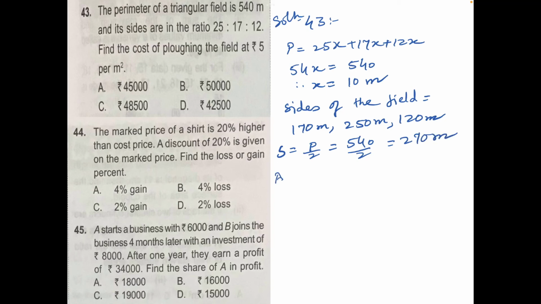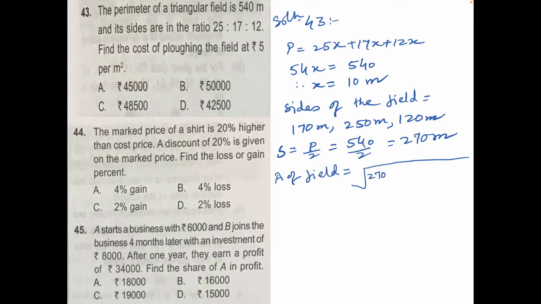Now the area of the field is equal to, you know the Heron's formula. As per the Heron's formula, it is root of S into S minus A into S minus B into S minus C. So here S is 270.